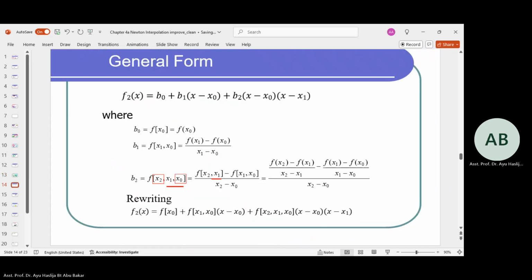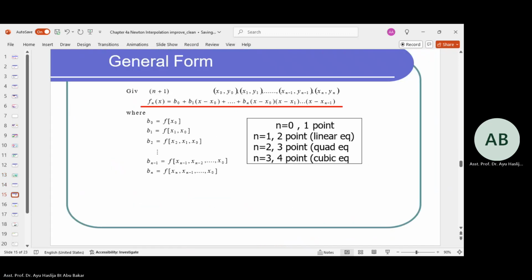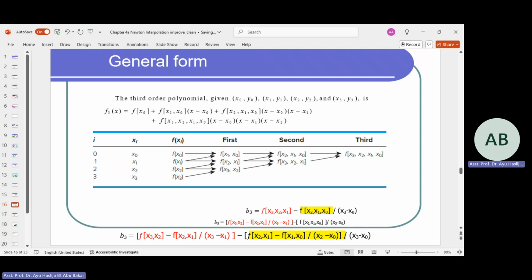This one is the same. It also explains how from f(x), first order, second order, and third order. You can do this iteration way, or you can find it using the B1, B2, and B3 equations.